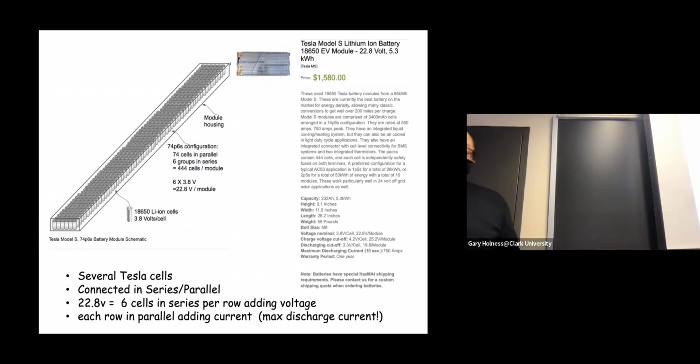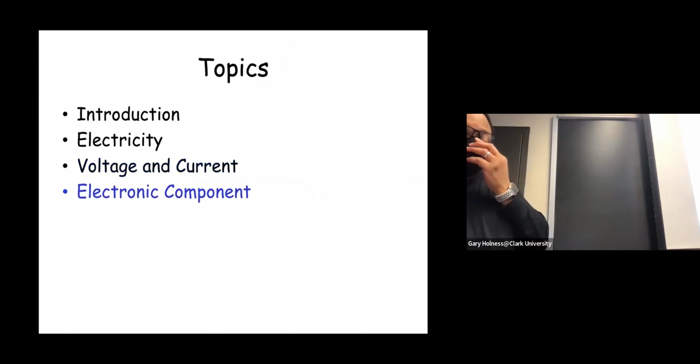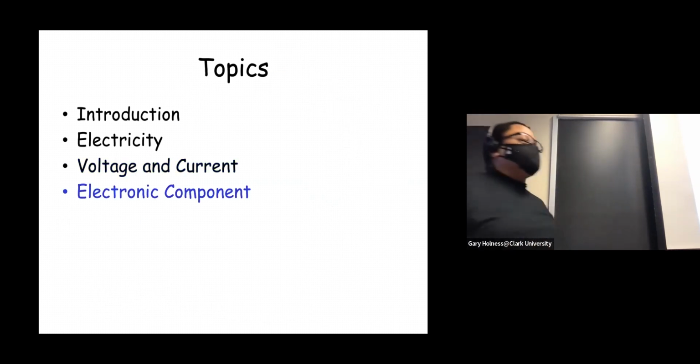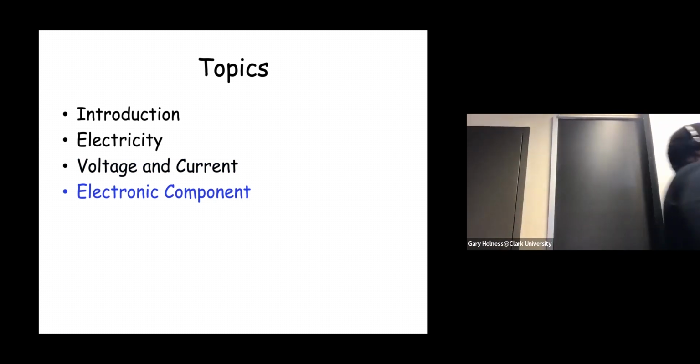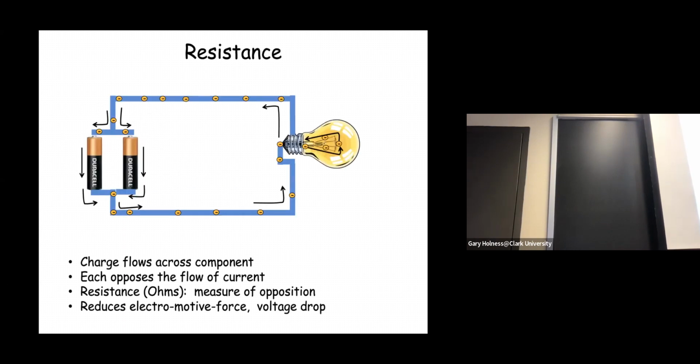No? All right. So let's take a look at some electronic so-called components. We talked about bulbs. That's an electronic component. It projects energy into the environment. It's an actuator. And when we have charge going across a component, each component or device, to a degree, resists or inhibits the flow of electrons.